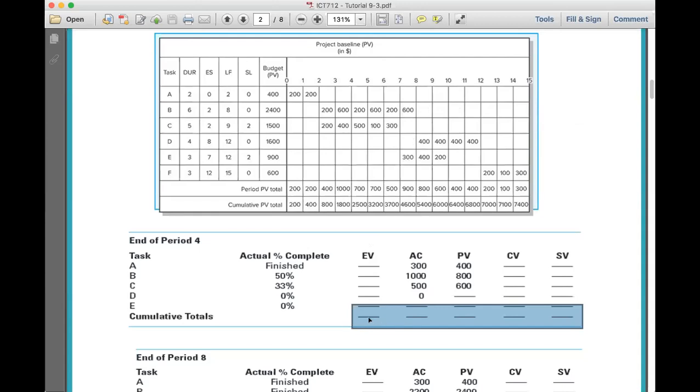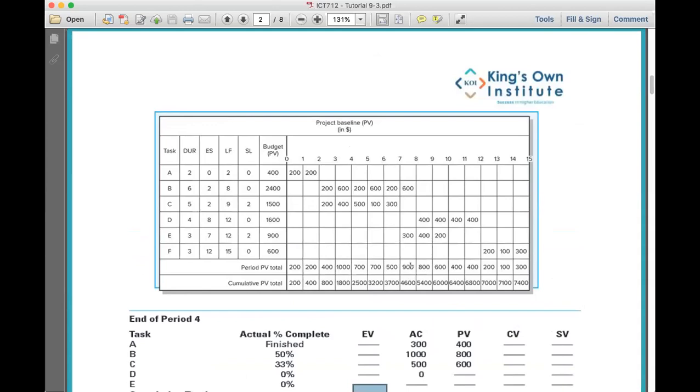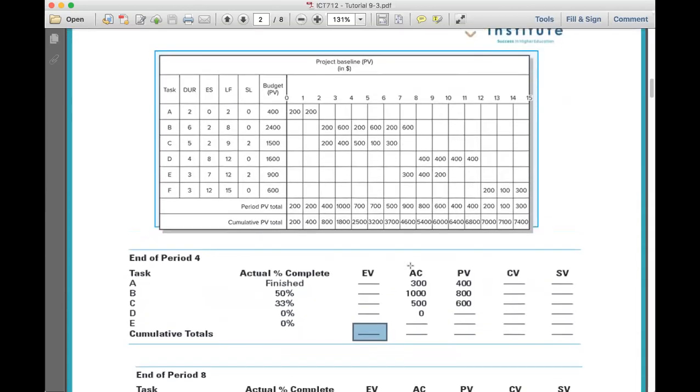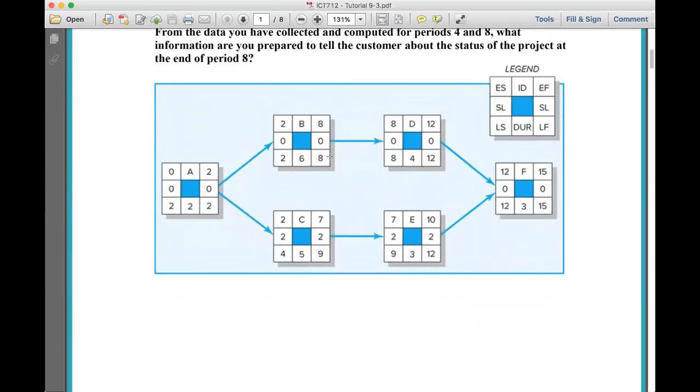What can you tell me? Sorry, sir. From the chart, for period 4, task A is finished already, isn't it? From the chart.